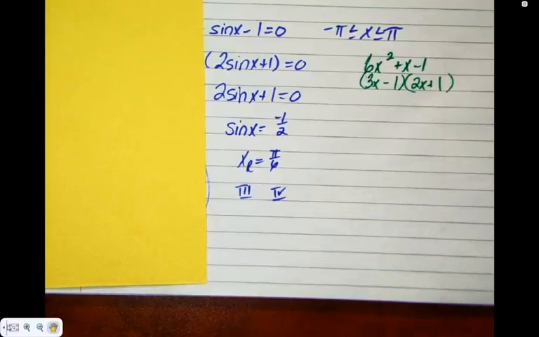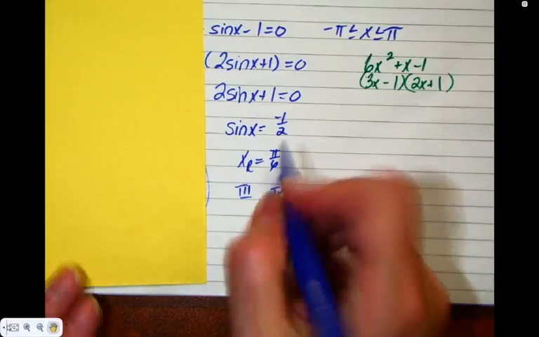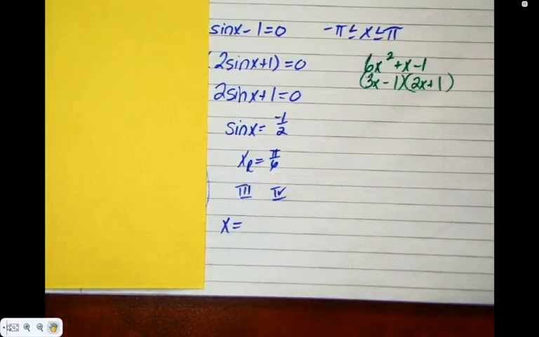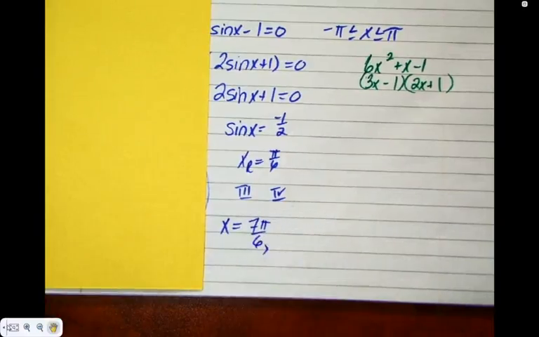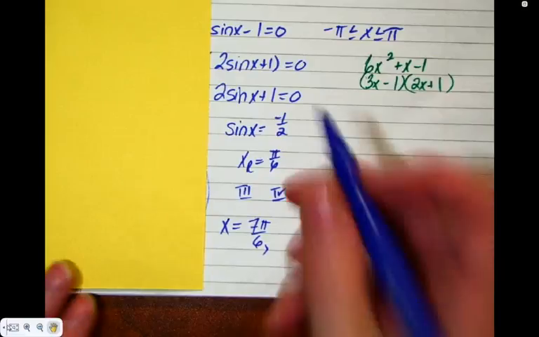What is dividing by pi on 6? The x r, that's a little subscript r, which means reference angle. It could be a theta r or x r. It's a little tiny r. Okay, what is the pi on 6 family in quadrant 3? 7 pi over 6. And what is the pi on 6 family in quadrant 4?